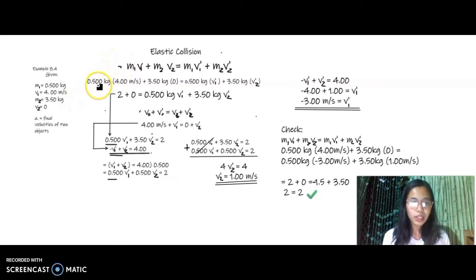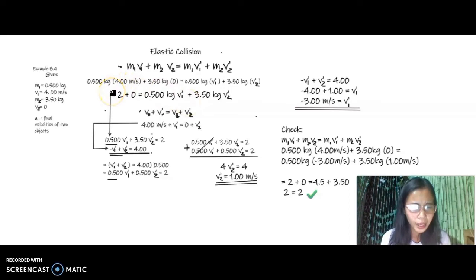Mass 1 is 0.500, velocity 1 is 4, mass 2 is 3.50, velocity 2 is 0, mass 1 is 0.500, and we're just going to copy this v prime 1 and v prime 2 since we do not know their values yet. 0.500 times 4 is 2, 3.50 times 0 is 0, and we're just going to copy the rest because we do not know the final velocities yet.